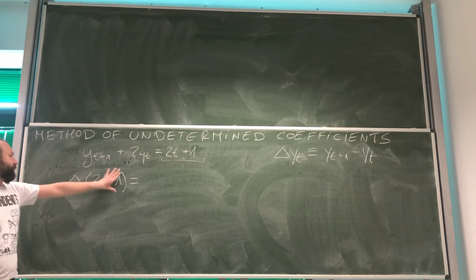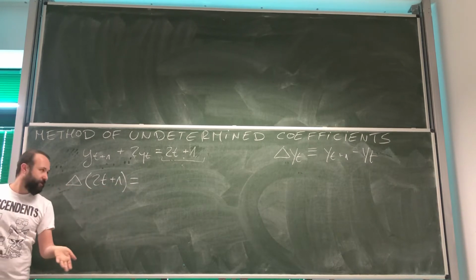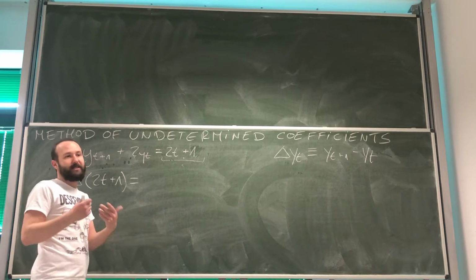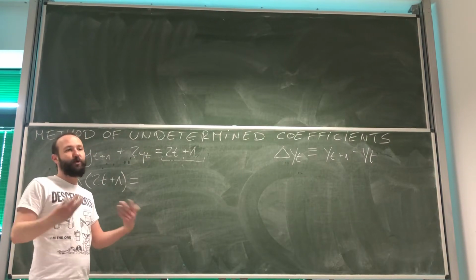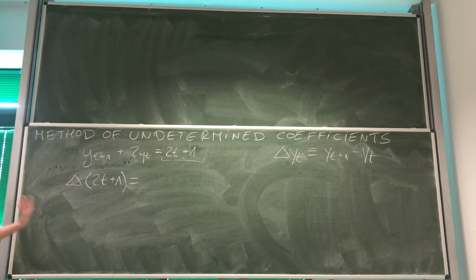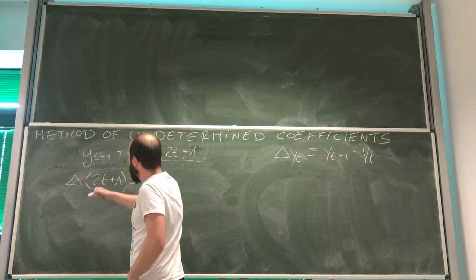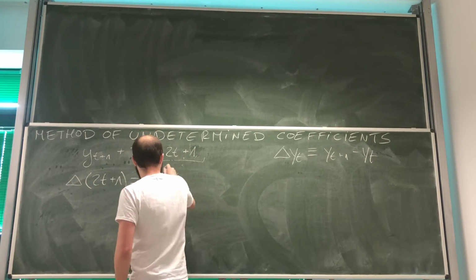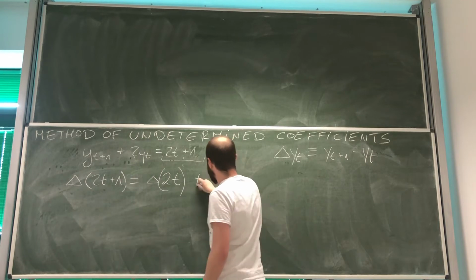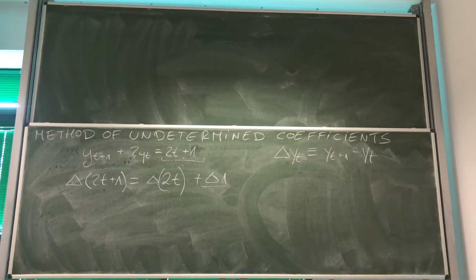As you see over here, we've got a difference of a sum. The difference of a sum is the sum of two differences, just like in the case of derivatives, where the derivative of a sum is a sum of two derivatives. So we get that this is difference 2t plus difference 1.